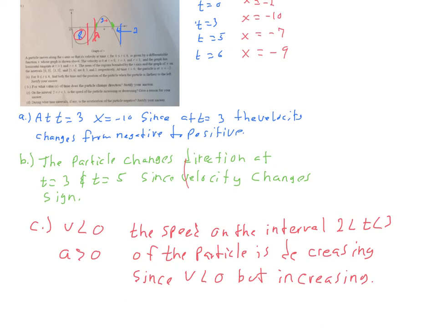And then during what time intervals, if any, is the acceleration of the particle negative? On the last quiz, it was kind of like, when would the second derivative be negative, or when would it be concave down?